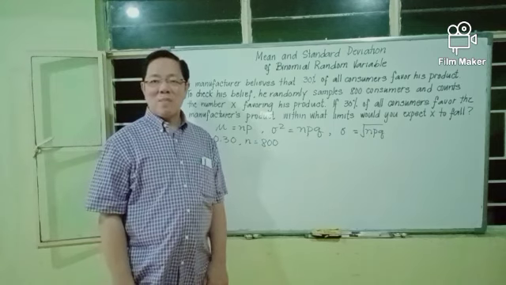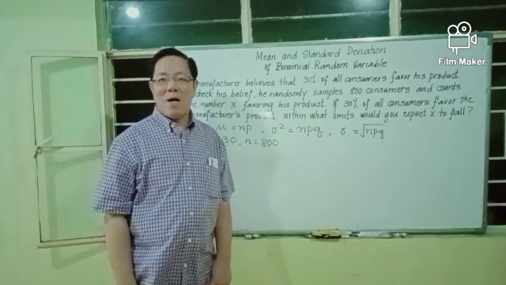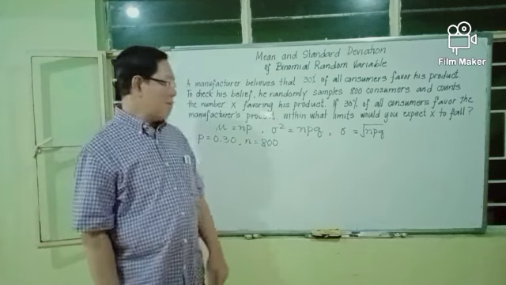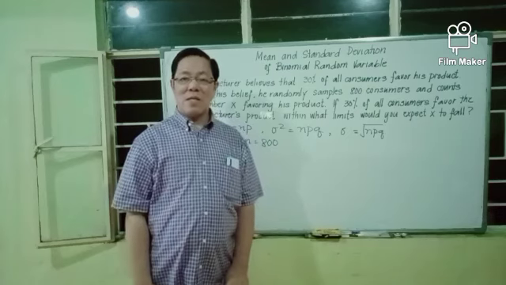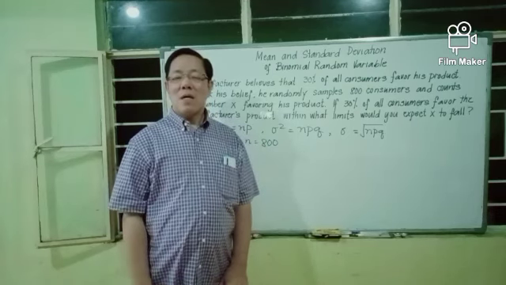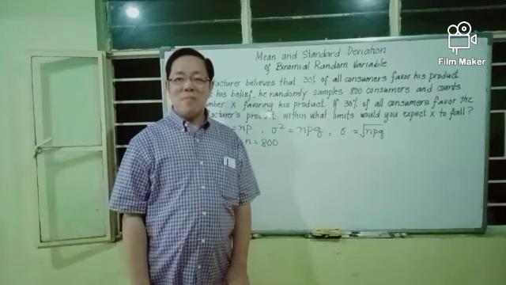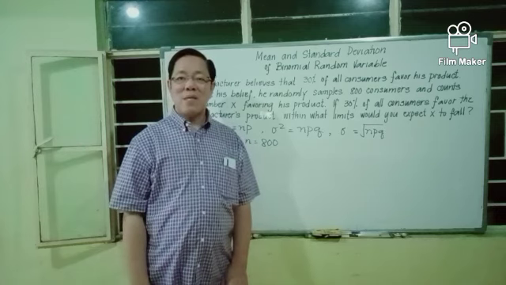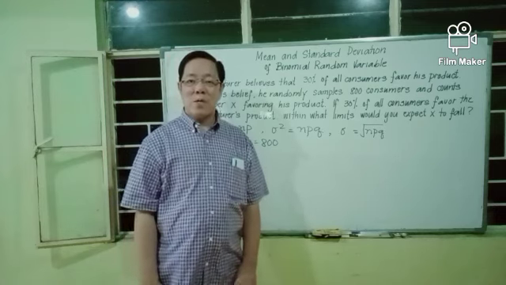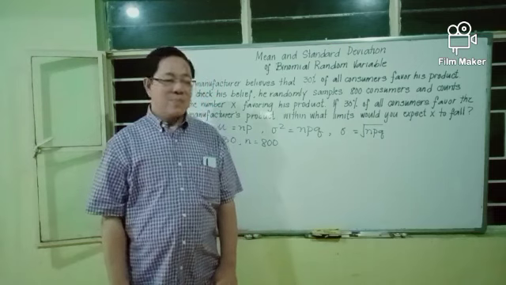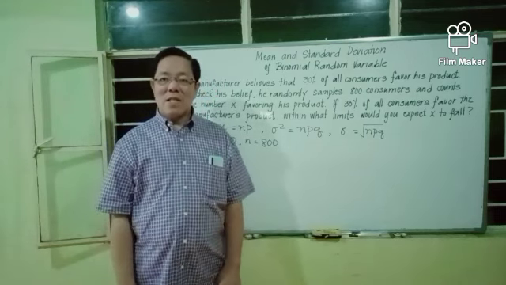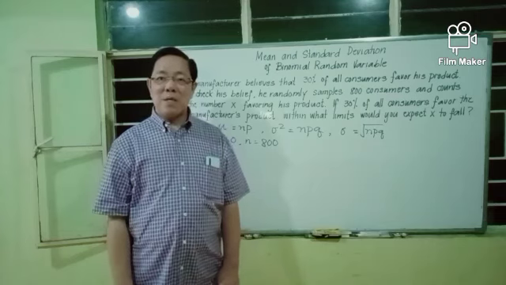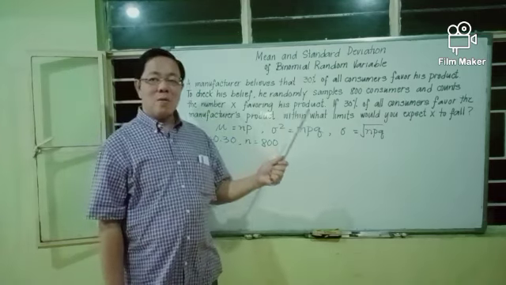According to Chebyshev's theorem, 3/4 or 75% of the sample fall within 2 standard deviations from the mean. That means we have to compute the mean for this example.